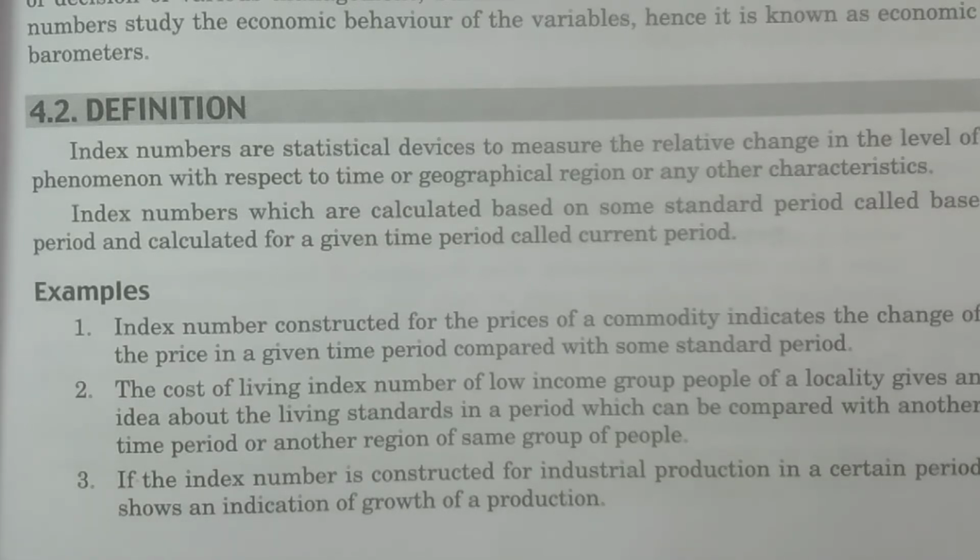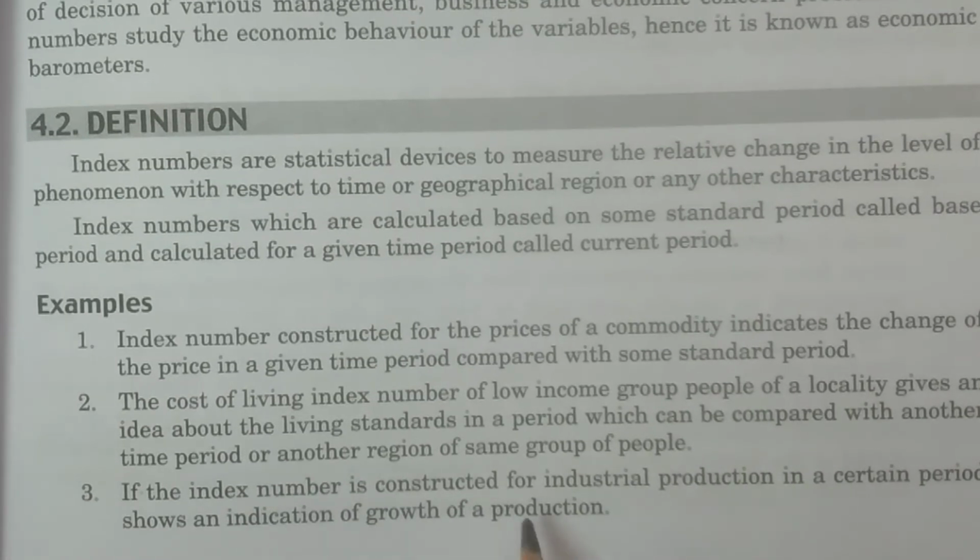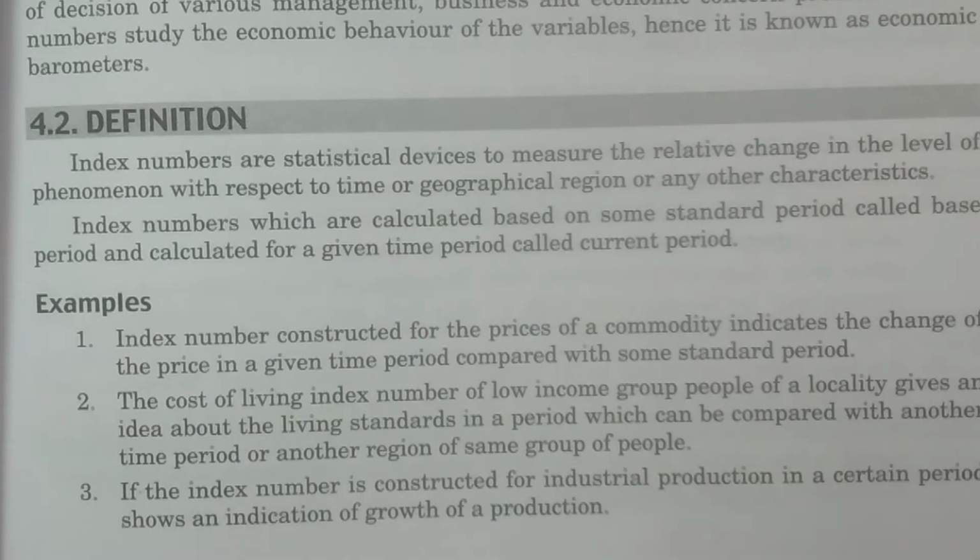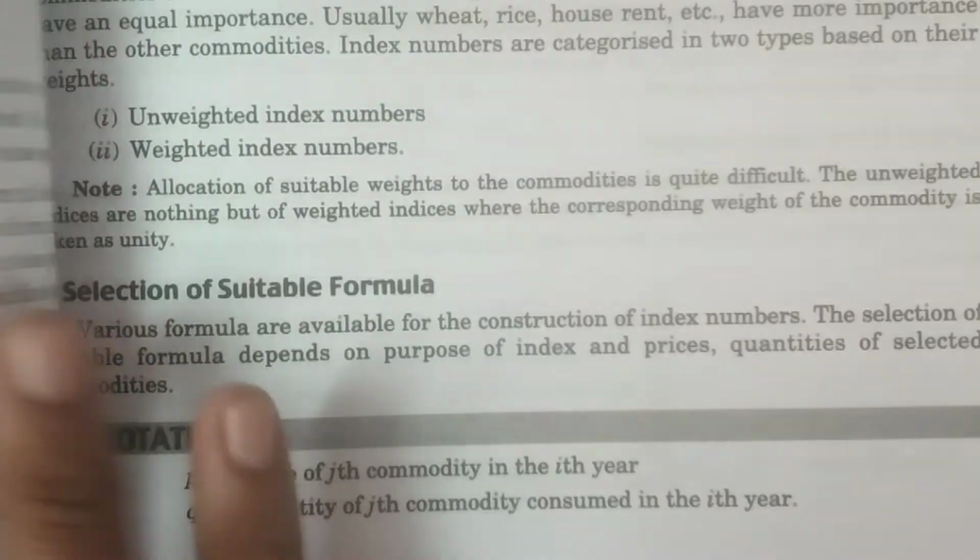Similarly, index numbers constructed for industrial production in a certain period show an indication of growth of production. So there are many examples which we can study, right?